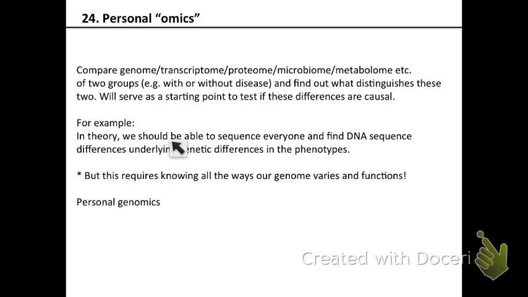So in theory, I should be able to sequence everyone here and find out our DNA sequence differences that underlie the genetic differences in the phenotypes. But of course, this requires knowing all the ways our genome varies and functions, which we don't know yet, but that doesn't stop us from moving on to personal genomics and trying to use that, okay?